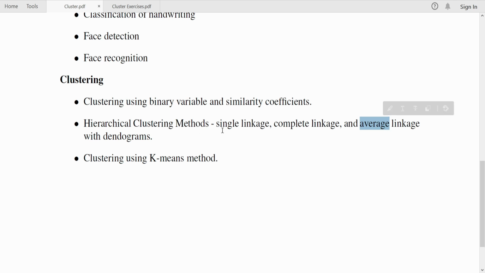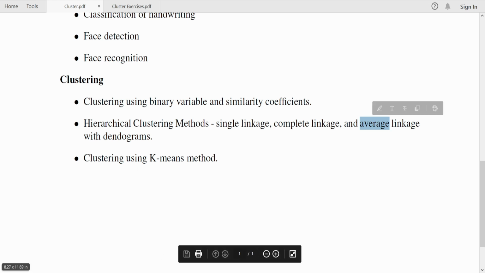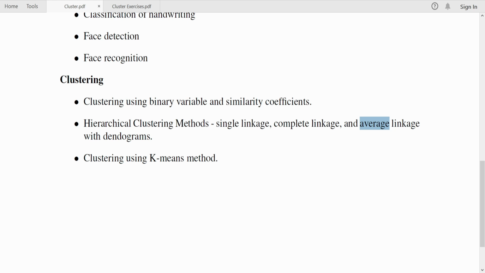So you would sum all the distances and divide by the number of individuals you have in both of those clusters. Similarly to the example in the book, if you have 2 elements in one cluster and 3 elements in another cluster, you would use 6, so 2 times 3 would be the number of distances that you have from cluster 1 to cluster 2.